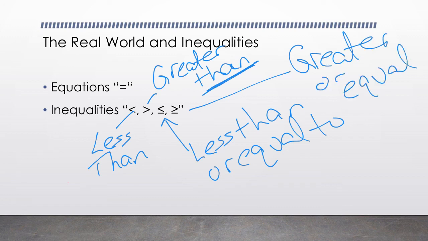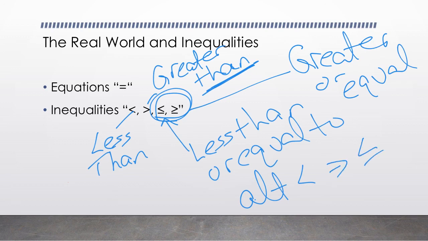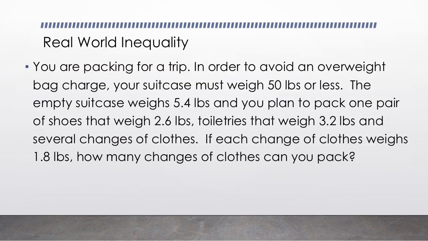Okay? And just so you know, if you want to get these symbols, all you have to do is hold the Alt button and then also select that key that has that on it, and that will give you the greater than or equal to sign.